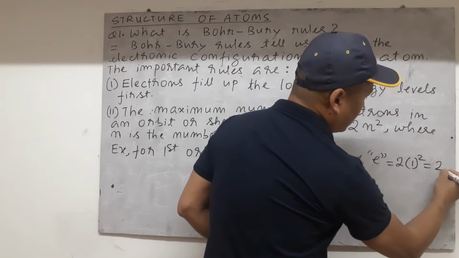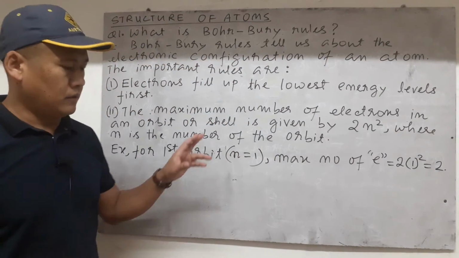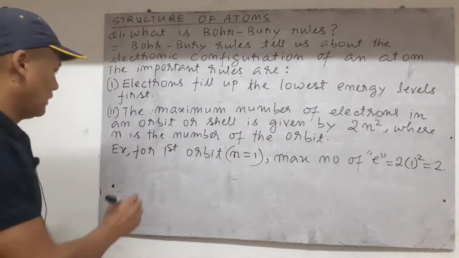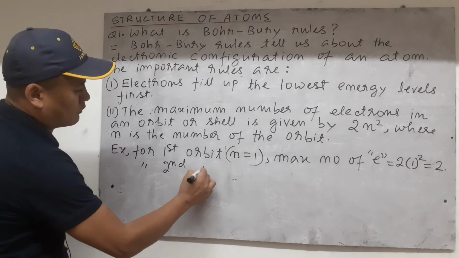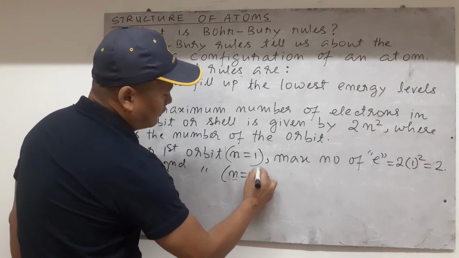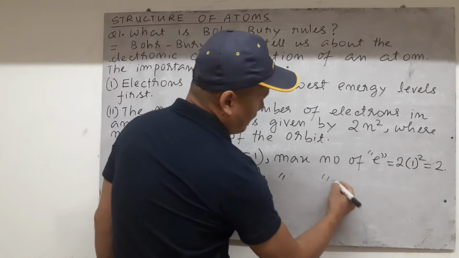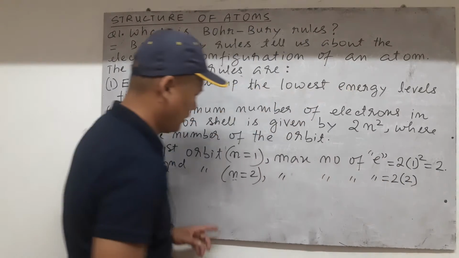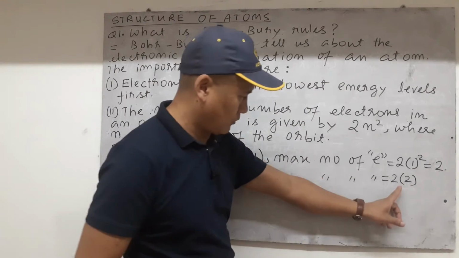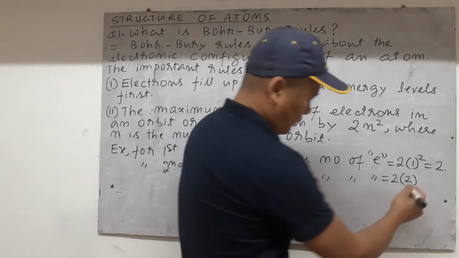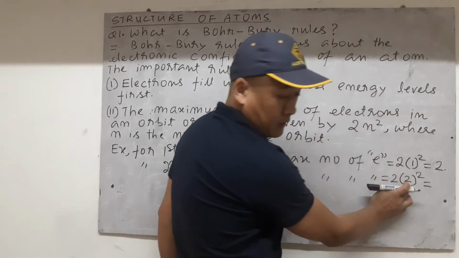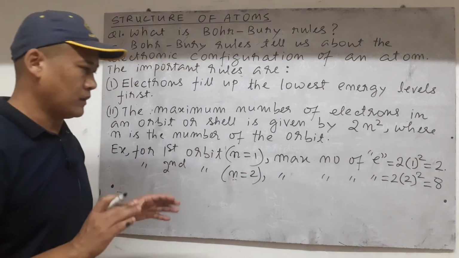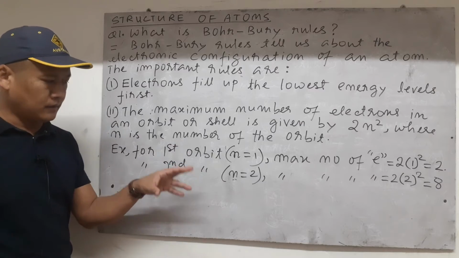According to the second rule, in the first orbit the maximum number of electrons is 2, so it cannot be more than 2. Then for the second orbit, n equals 2, so 2n square, 2 square is 4, and 4 twos are 8.